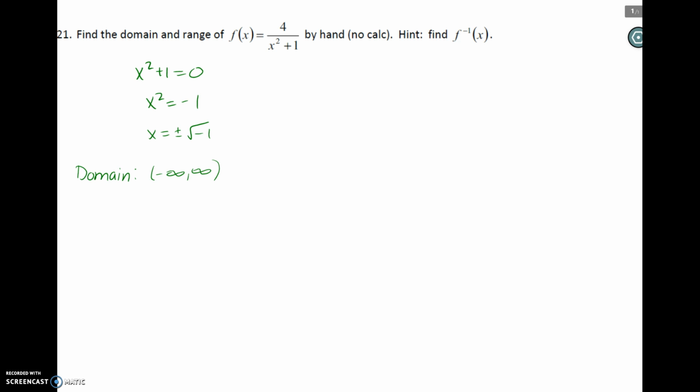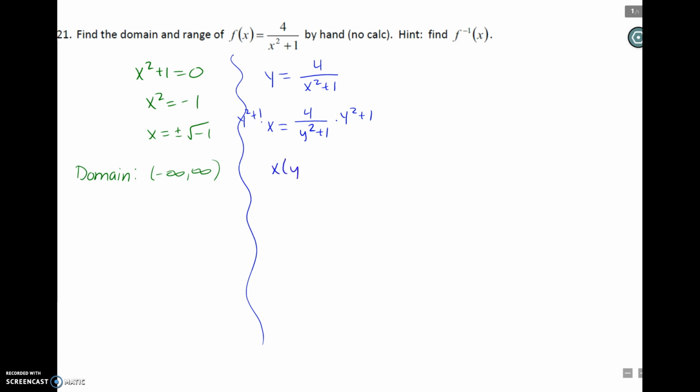Okay, so the range, again, we're going to find the inverse. So y equals 4 over x squared plus 1. Switch the x and y. x equals 4 over y squared plus 1. And solve for y. To solve for y, we have to get y off the denominator, so multiply both sides by y squared plus 1. So you have x times y squared plus 1 equals 4.